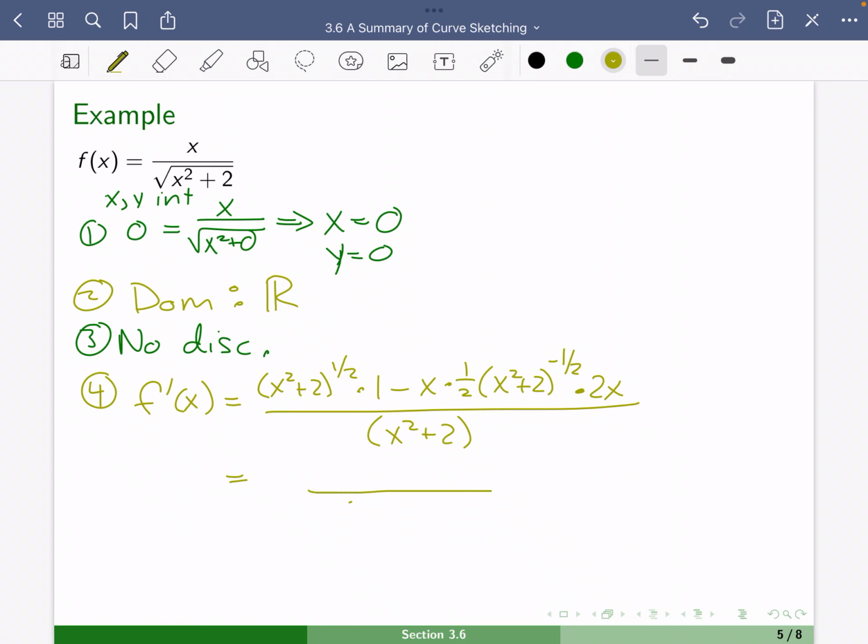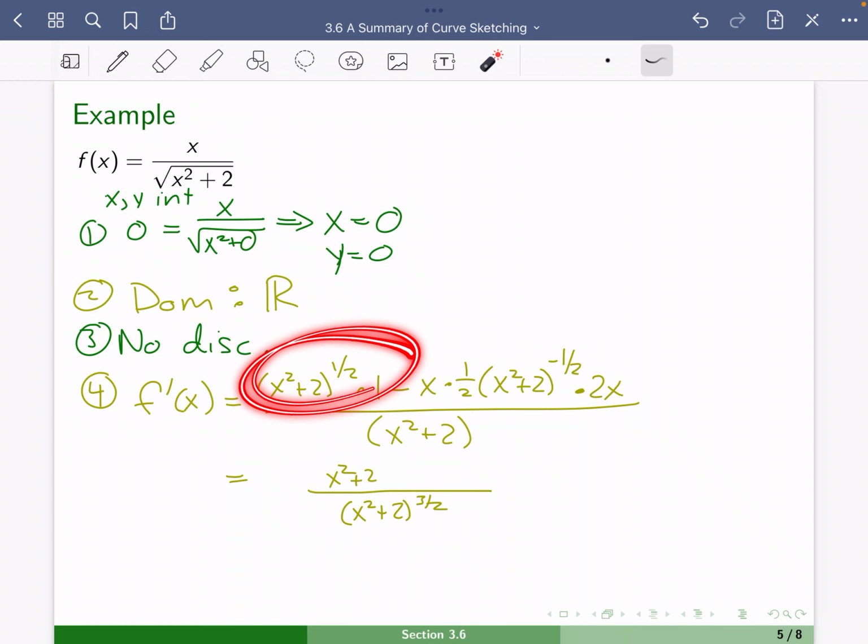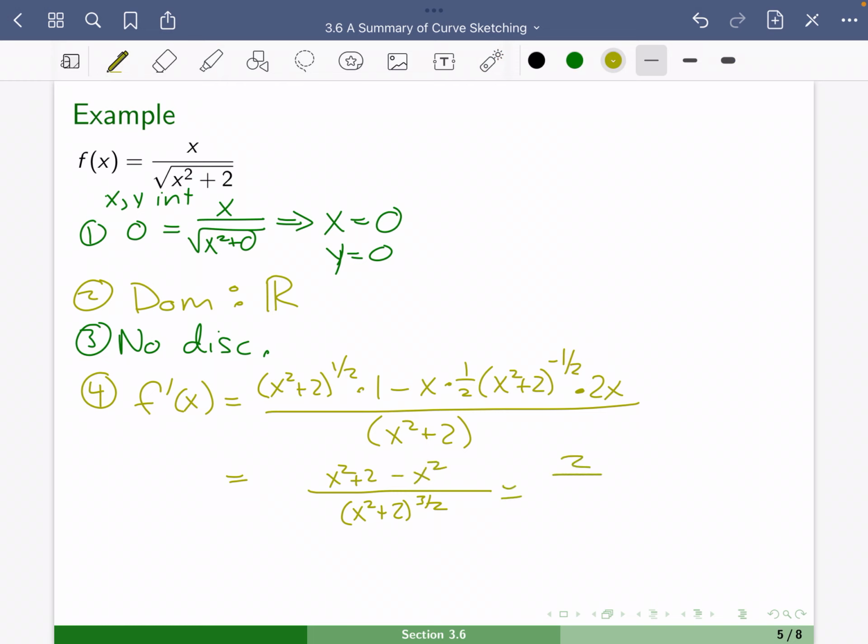So now we'll have x squared plus 2 to the 3/2 on the bottom. And on top, when we multiply through by x squared plus 2 to the 1/2, we'll have an x squared plus 2 on this first piece. And on this piece, that x squared plus 2 to the 1/2 will cancel out. And so then we'll have just minus an x squared. So we have 2 over x squared plus 2 to the 3/2. So that is our derivative.